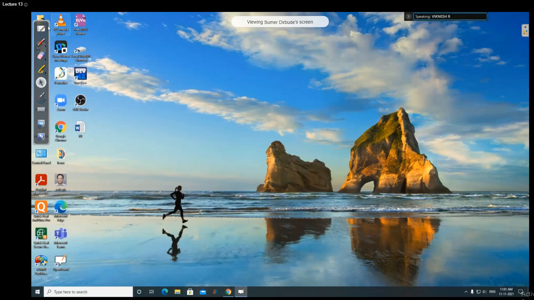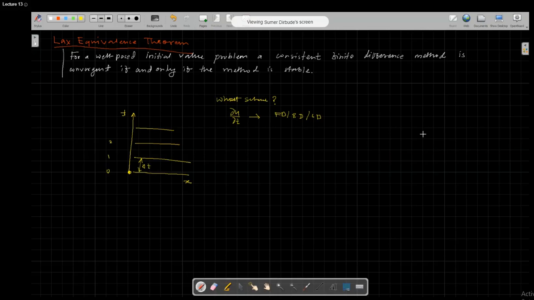Actually, I wanted to ask: in the two classes before we solved that beta delta x problem, where one side was delta x and the other was beta times delta x. So that will come under an unstable condition, because the delta x difference is uneven.